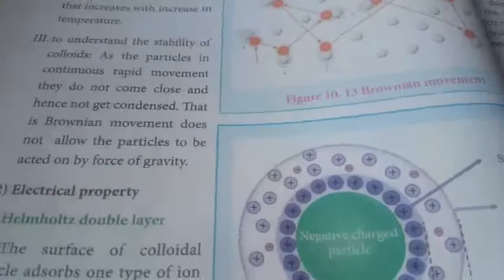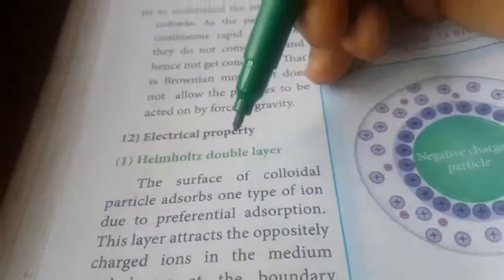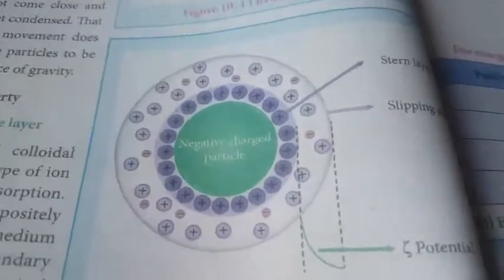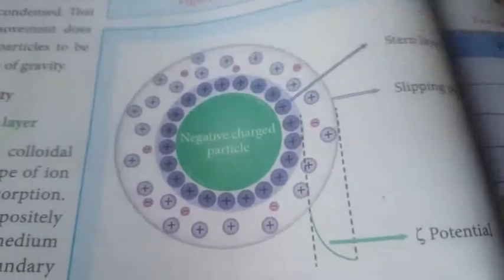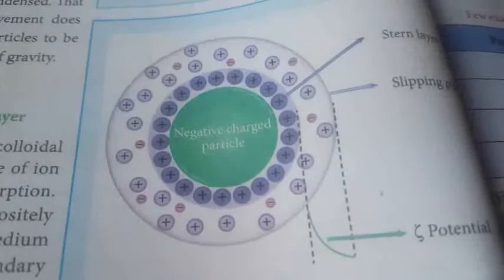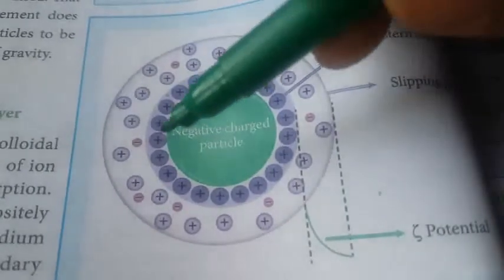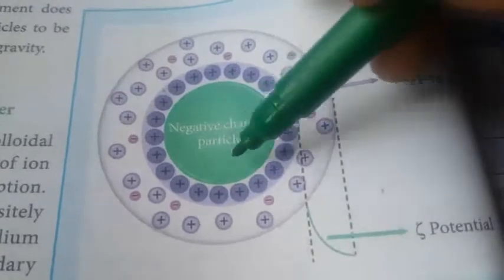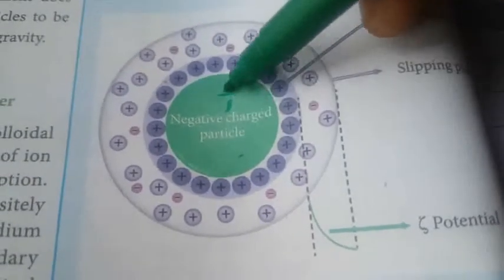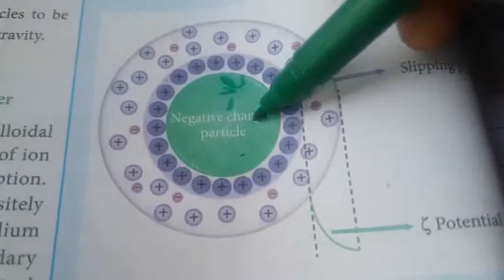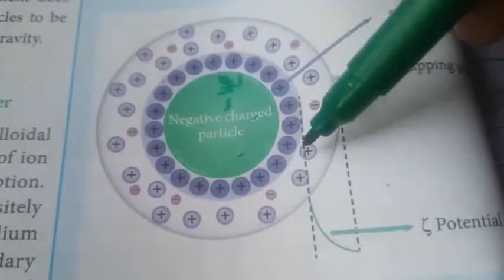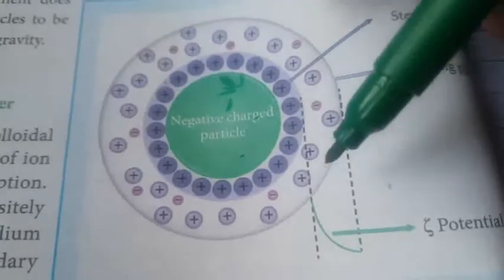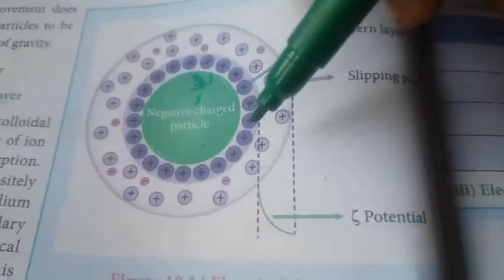Next one is electrical property: the Helmholtz double layer. What is meant by Helmholtz double layer? Now we take the colloidal particle to have a negative charge. It will attract the positive charge when the electric current is passed. This is one layer. Then, because of this positive charge, the negative charge moves towards this layer.